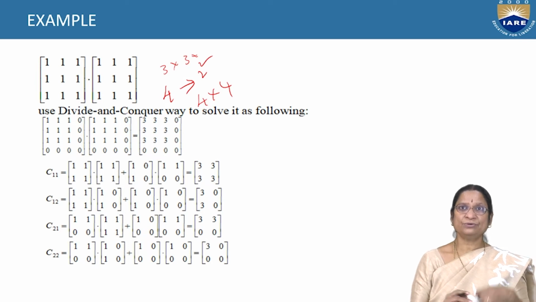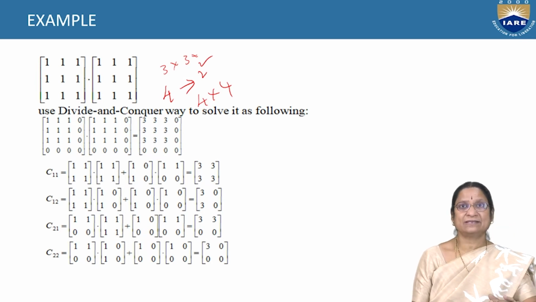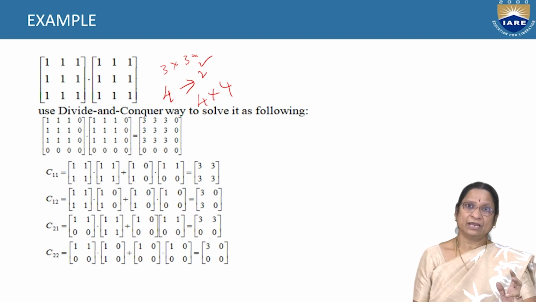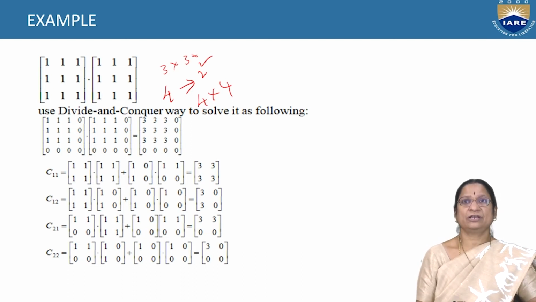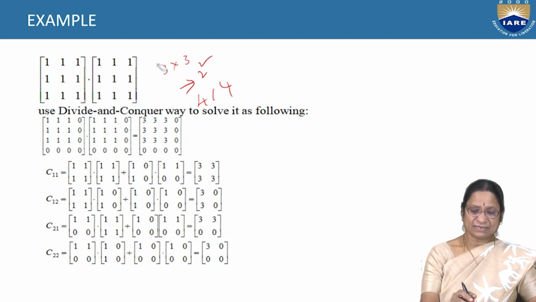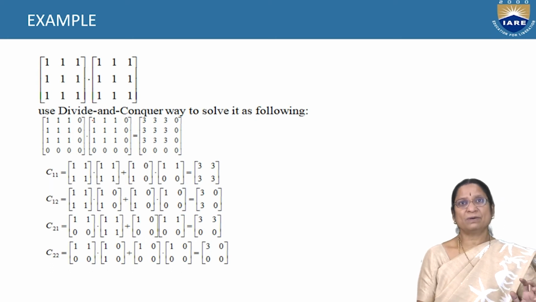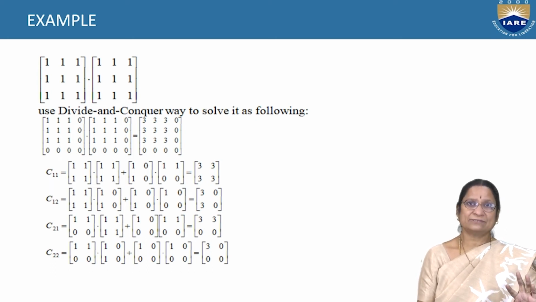So if the given matrix is 3 by 3, to use this divide and conquer strategy for n equal to 2 power k, you add some rows and columns with 0 elements to our existing matrices, so that our matrix becomes of the required size. That means 3 by 3 has to be made 4 by 4, so 1 row and 1 column have to be added.